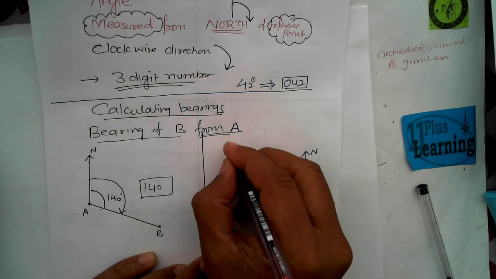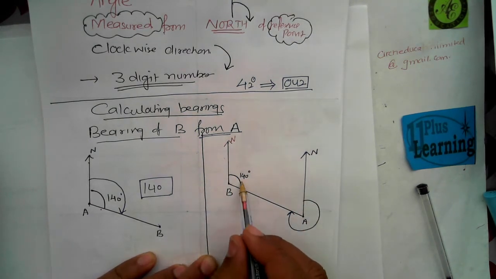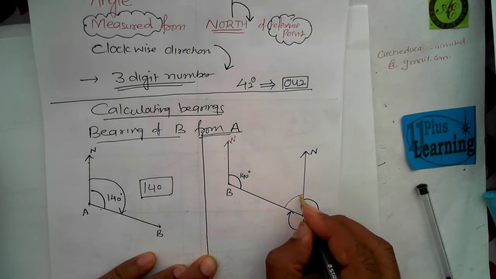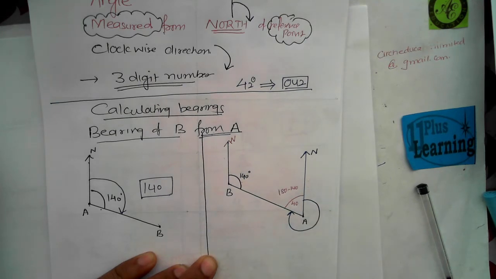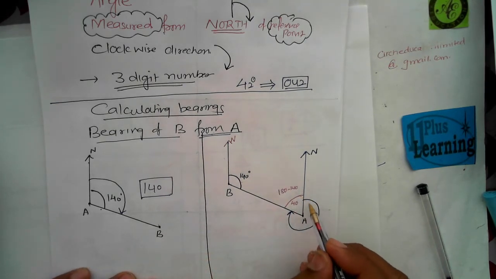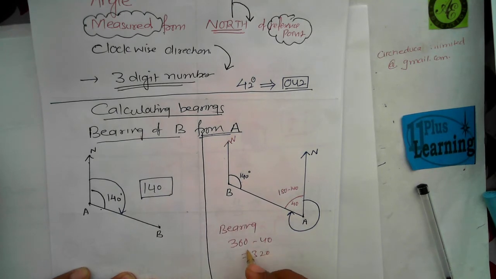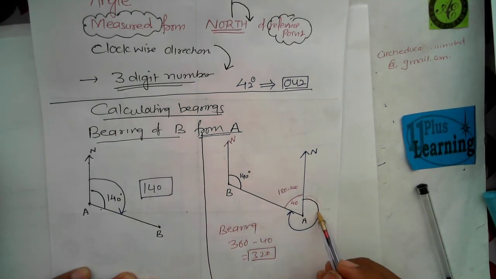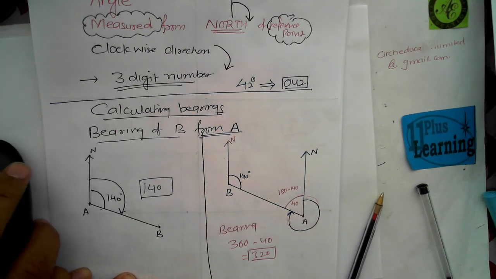If that's north as well, these two are parallel lines, parallel directions. If that's 140, this angle has to be 180 minus 140, that's 40 degrees. So this red one is 40 degrees, and the angle we need, the bearing, will be 360 take away 40. This is 320 degrees, because you know angles around a point give you 360 degrees. Okay, well done. We'll do some more questions to explain it further.